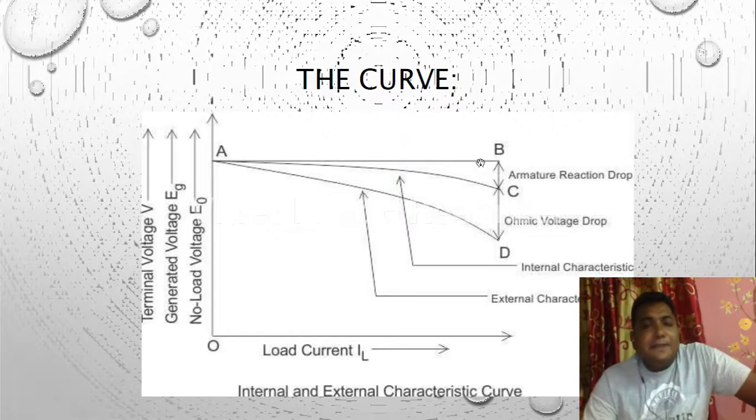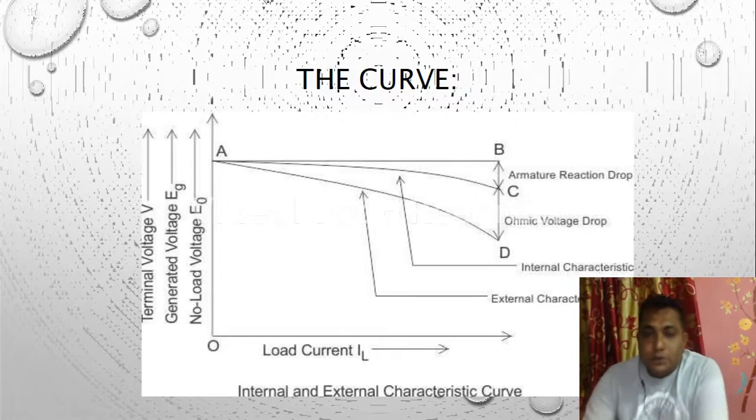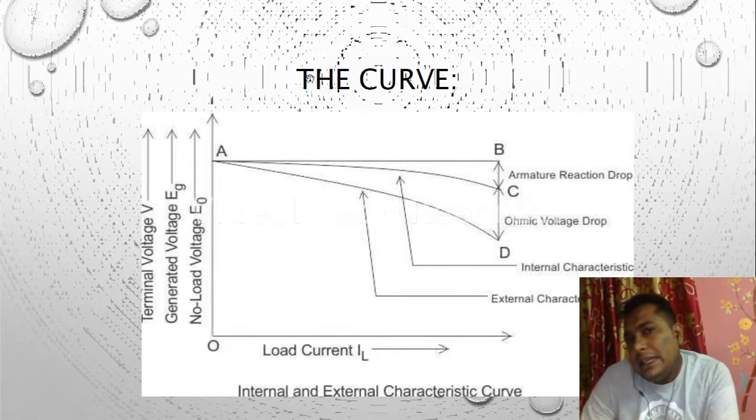Now, after subtracting the armature reaction voltage, follow my pointer, this second line is representing the generated voltage. When it is connected to some sort of load, then there is an ohmic drop. Due to that, the curve is, follow my pointer, this one is the curve.